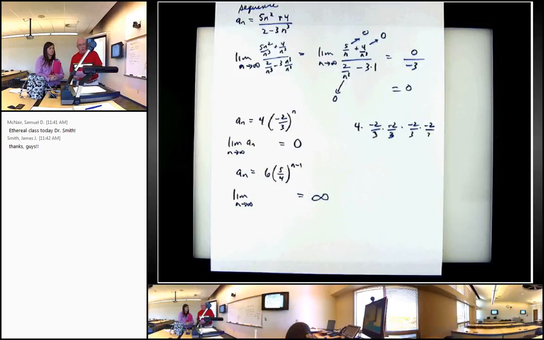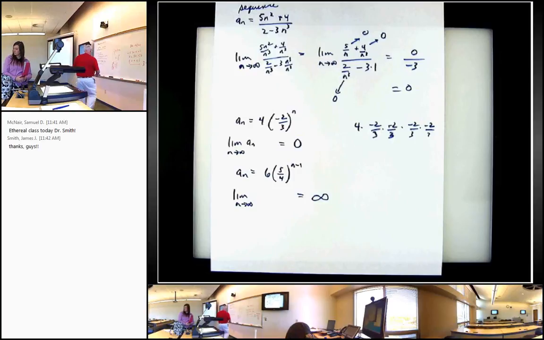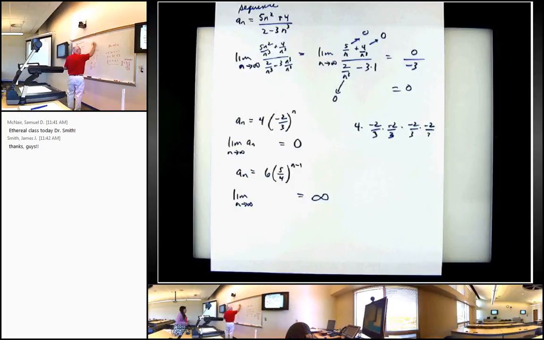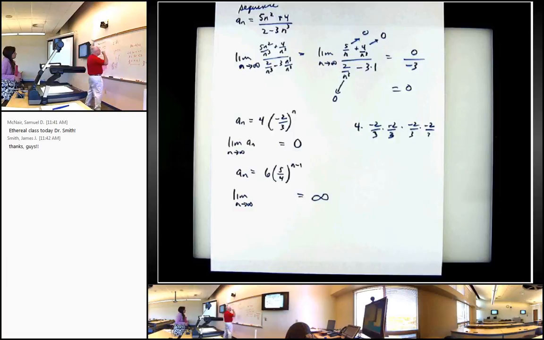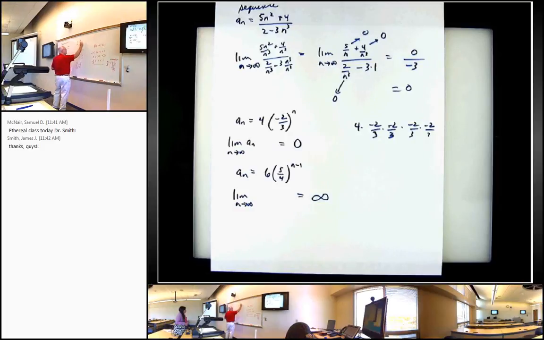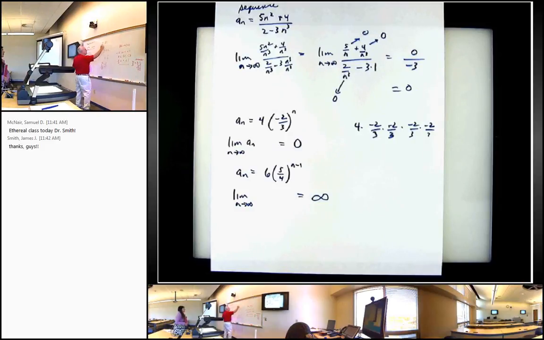Let's look at a very basic example: 1 over n squared plus 1, the sum from n equals 2 to infinity.